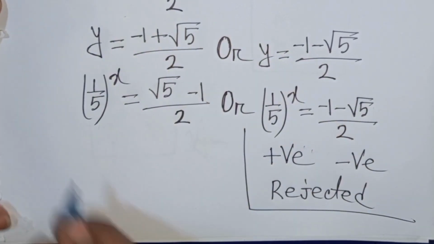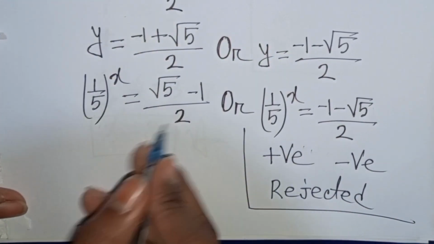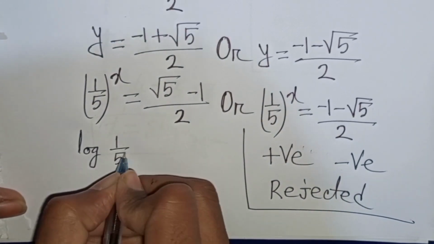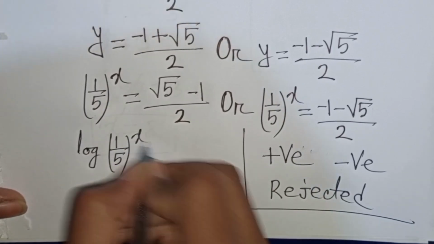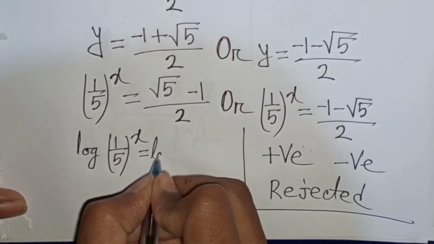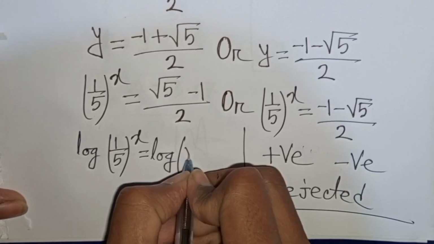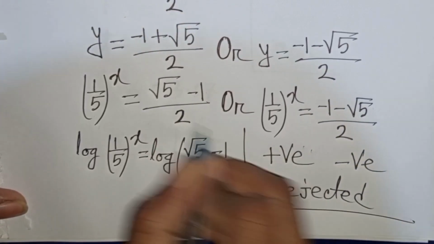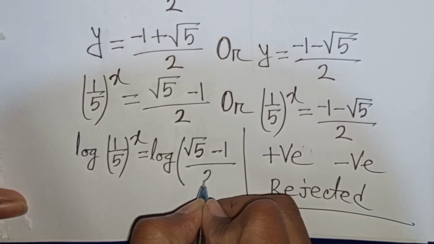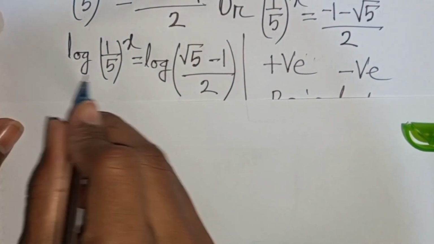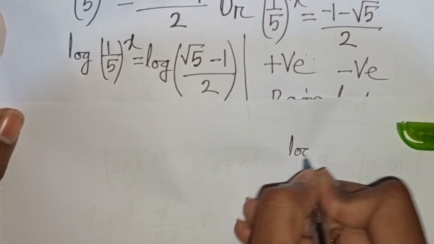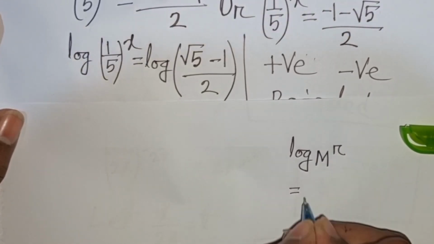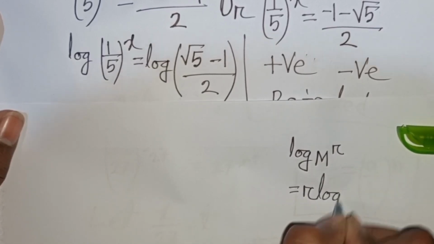Now from here we apply log on both sides. So we can write log of (1 by 5) power x is equal to log of (square root of 5 minus 1) divided by 2. Now here you can apply the rule that log m power r is equal to r log m.